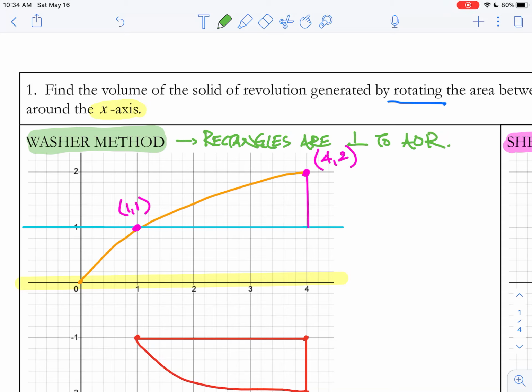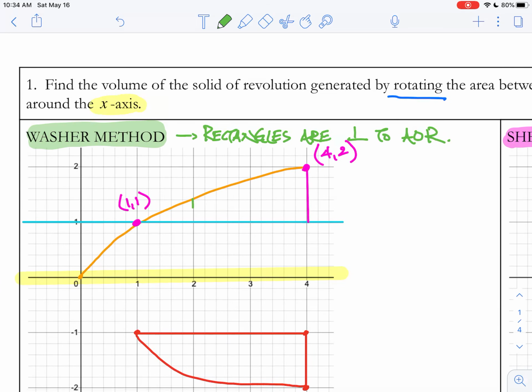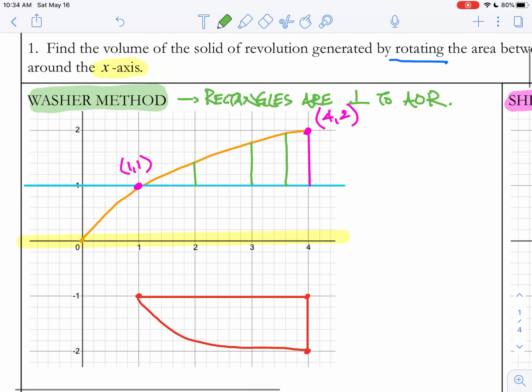That means that if I drew a line like this, that would be wrong for washer method because this green line is parallel to the yellow line. So let me undo that, and instead I'm going to draw some lines that are perpendicular. So here's one line, here's another line, here's another line, and these lines are just sample rectangles and they are perpendicular to my axis of revolution.